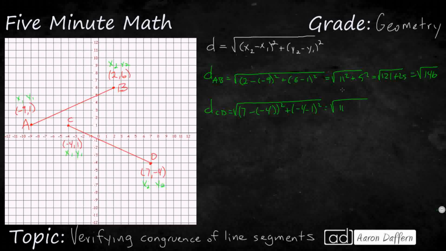So that's going to be 11 squared plus, this is a negative 5 squared. But that's fine. That's going to end up being 121, still my 25. That's going to be my 146. So I don't necessarily need to simplify that to see. So these are congruent. And so we can say AB is congruent to CD using the distance formula.